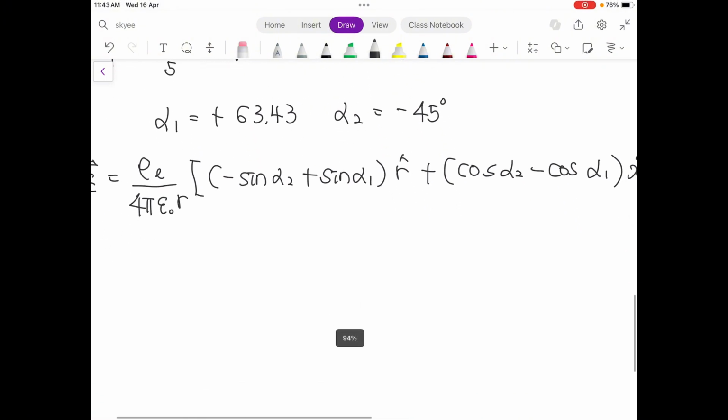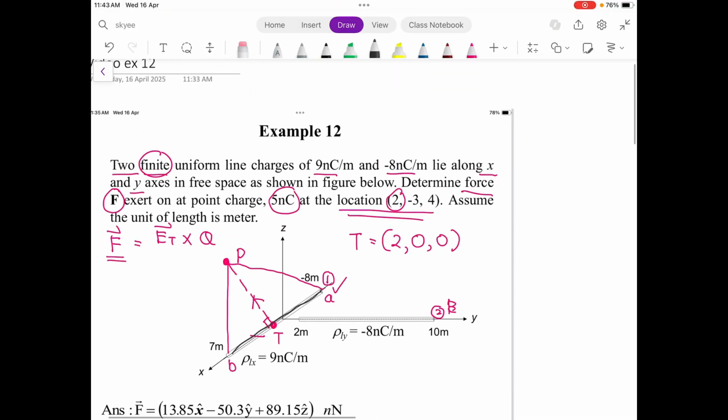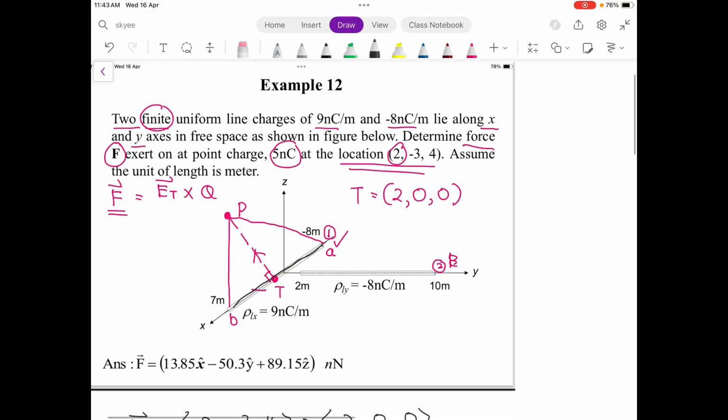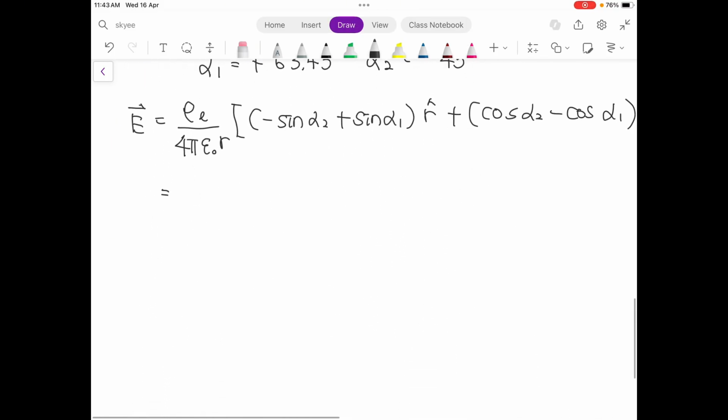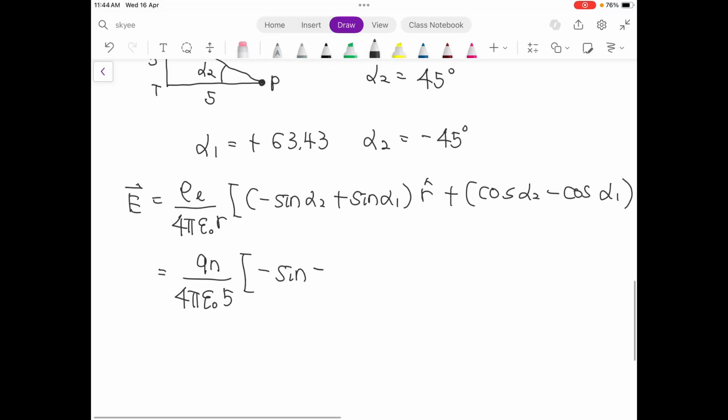Now let's replace everything that we have. The line charge is 9 nano, so 9 nano over 4 pi epsilon naught, and R equals 5. Negative sine alpha 2, which is negative 45, plus sine 63.43.